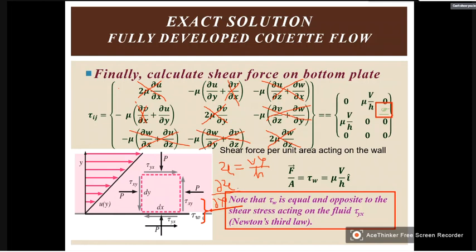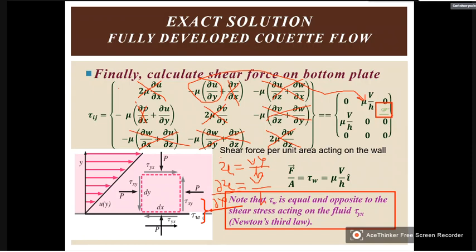Dou U by dou Y is equal to V by H. So therefore, minus mu dou U by dou Y is equal to mu V by H. That minus sign is dropped, just considering the appropriate direction.